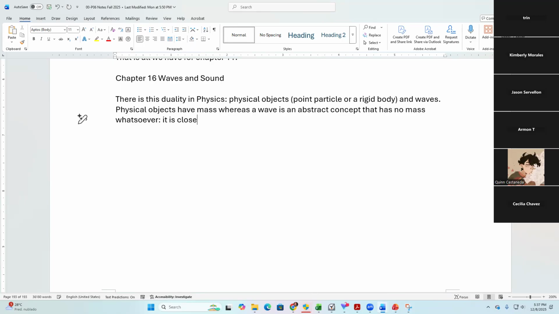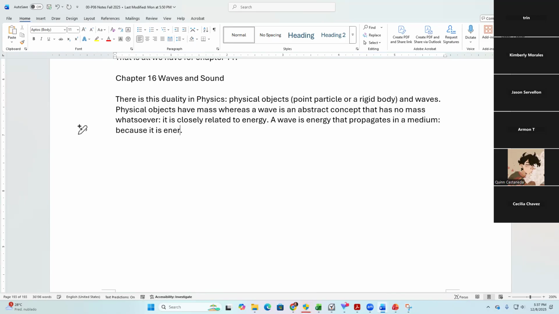It is closely related to energy. A wave is energy that propagates in a medium, and it has no mass because it's energy.